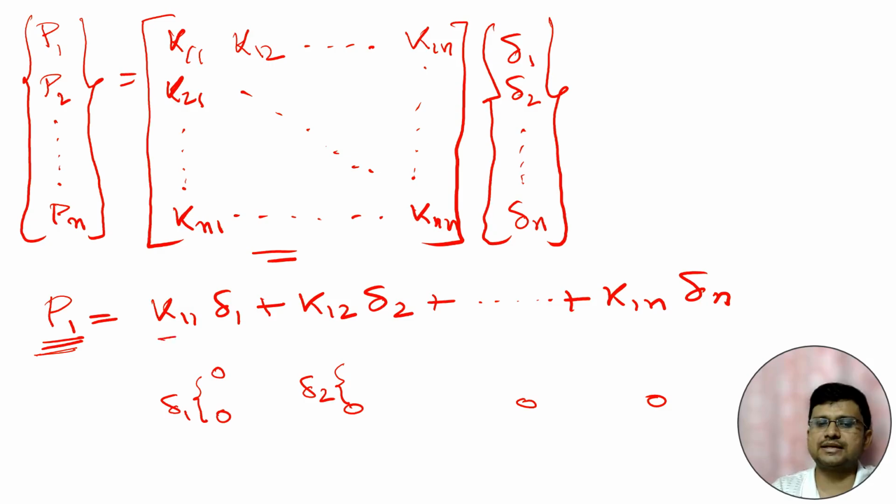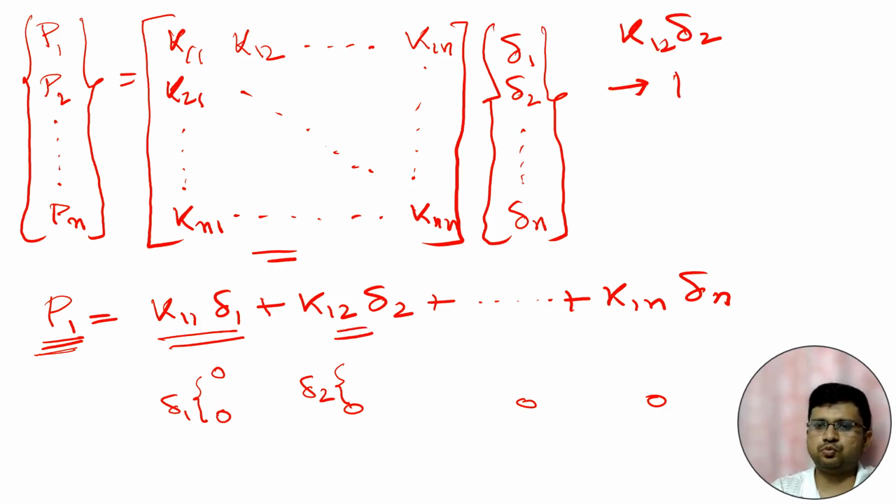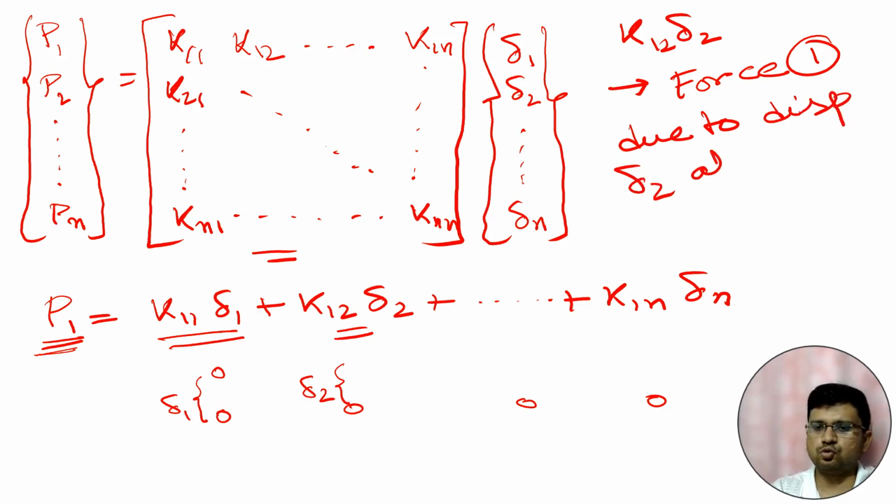So, what is K11 delta 1? K11 delta 1 is one part of P1. K11 delta 1 is the reaction force generated at node 1 due to displacement delta 1 provided at node 1. Similarly, what will be K12 delta 2? K12 delta 2 is the force generated at node 1 due to displacement delta 2 at node 2.